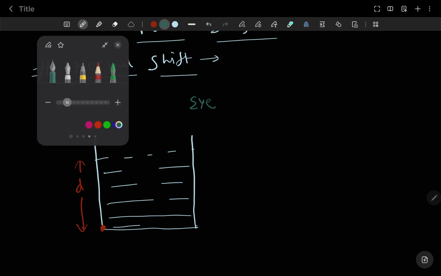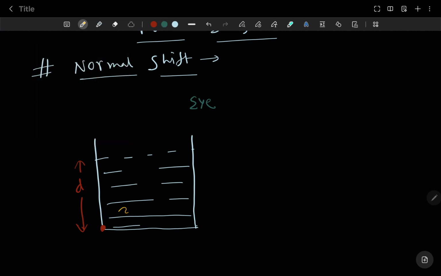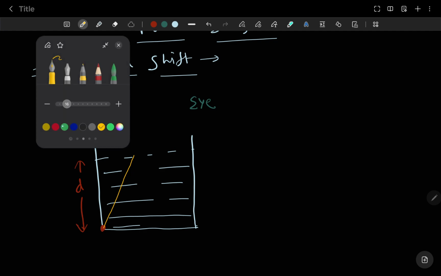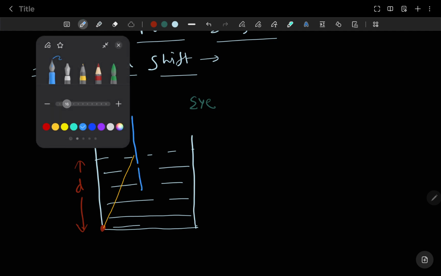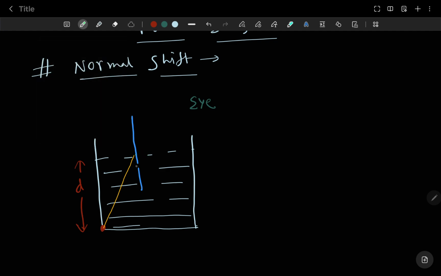So the light ray is going like this, is the normal, okay, and the light ray is suffering refraction from denser to rarer medium it is going, so yeah, it is refracted away from the normal and it reaches the eye, okay, clear.